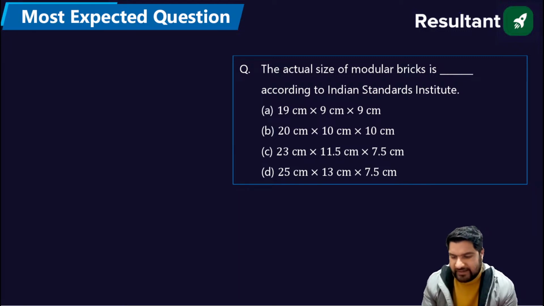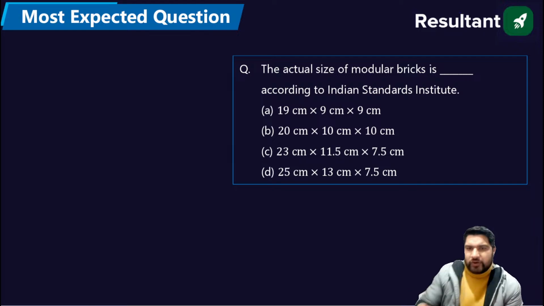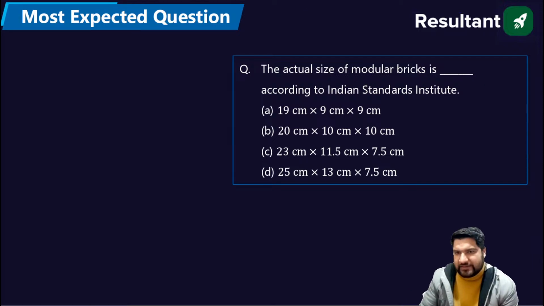What is the answer? Okay, so it is the modular brick. It is the modular size. Modular size, na? That is standard size. So the answer should be B. Sorry, the answer should be A. Okay, fine. The answer should be A.